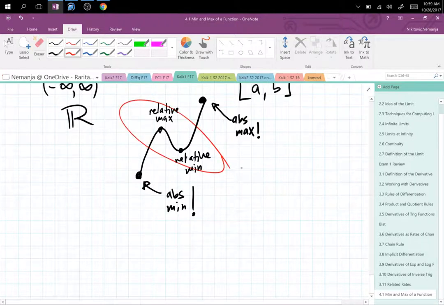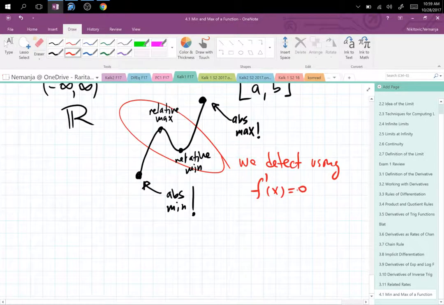These ones we detect using f prime of x equals 0. The endpoint ones we have to compute and compare to the ones we found through the derivative. Now, why do I have to compare them to the ones I found with the derivative? Well, consider this.